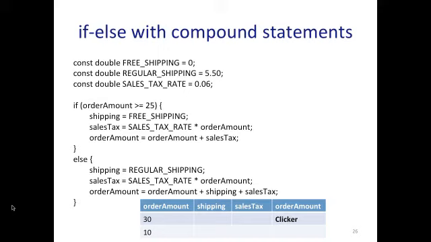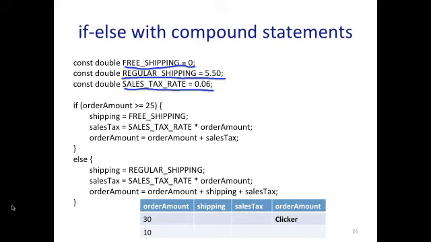They get free shipping if their order amount is greater than or equal to $25. And rather than hard coding the shipping charges, which is 0, it's free if it's greater than 25, or it's $5.50 if it's less than, we put them into constants, and the same thing with the sales tax. We're setting it to 6% or 0.06.